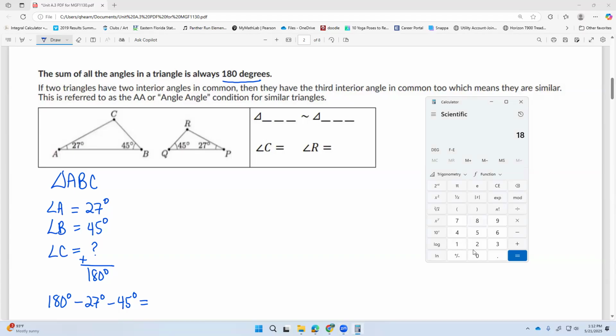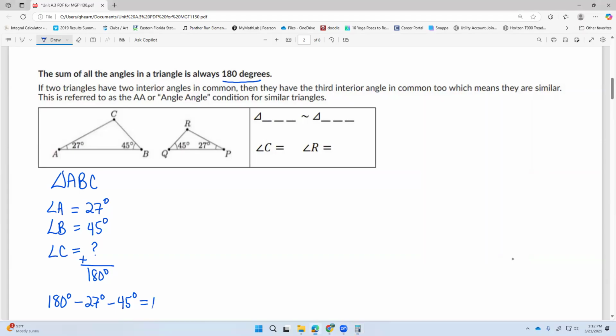We're going to take 180 degrees, oops, I hit the wrong button, and subtract 27 and also subtract 45, and let's see what's left. So that would mean that the remaining angle would have to be 108 degrees.